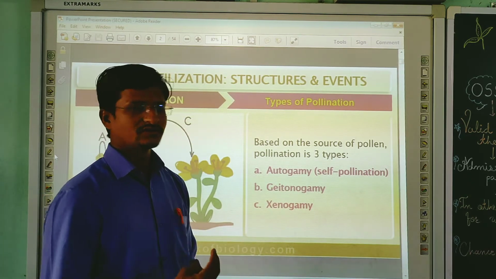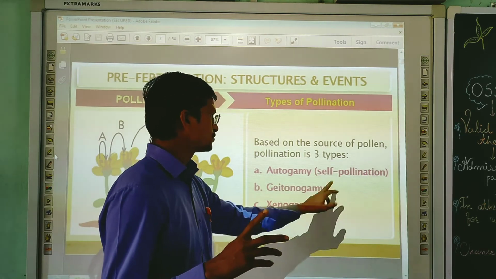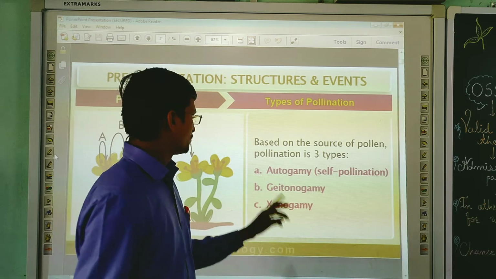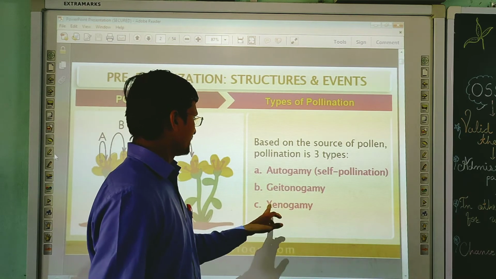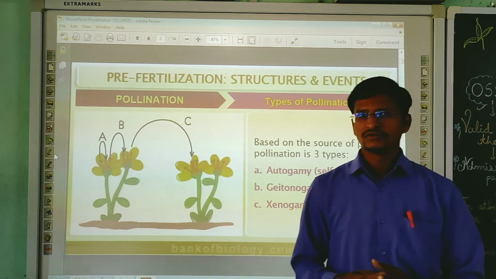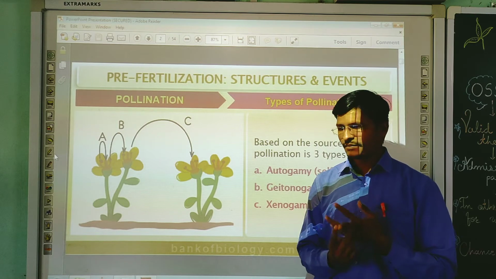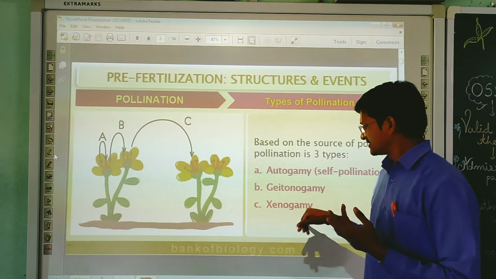These two are cross pollination. So you need to remember these three types of pollination: autogamy, geitonogamy, and last is xenogamy.